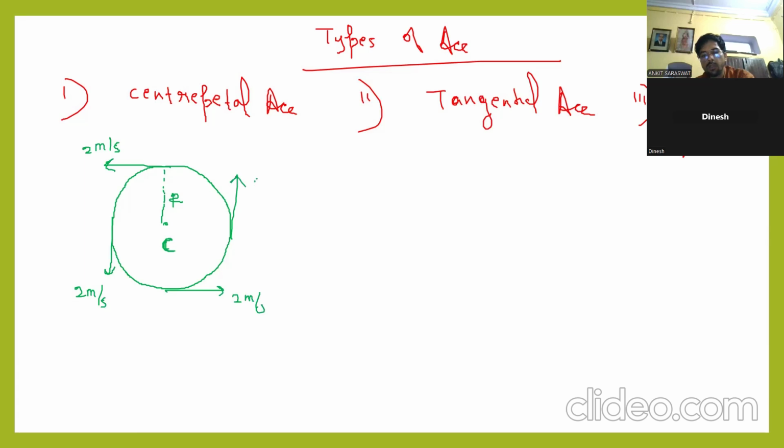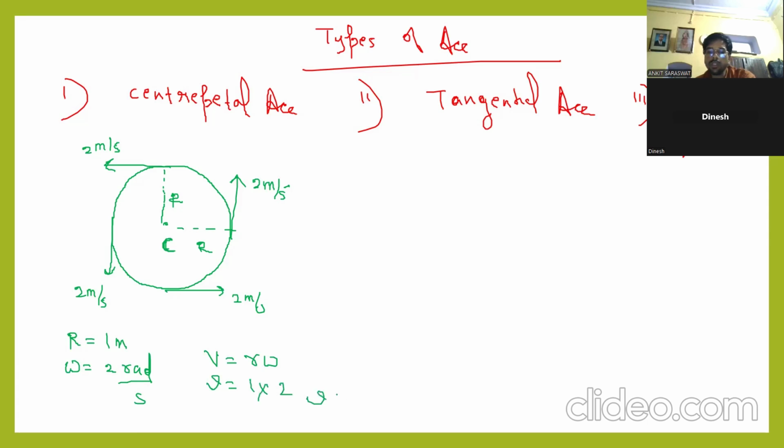Here also 2 meter per second. Let us suppose R is 1 meter and omega is 2 radian per second. Then V will be R omega, which is 2 meter per second. It is the magnitude of velocity.